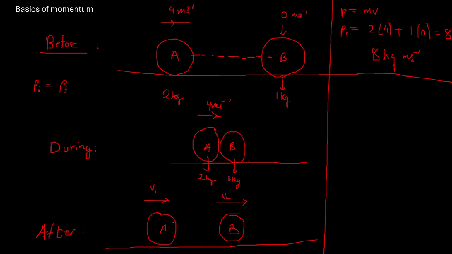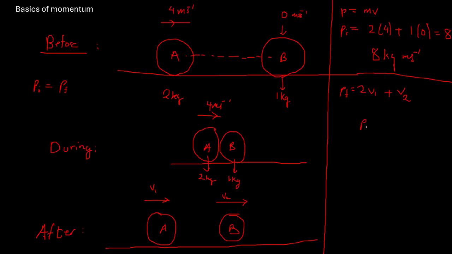Yeah, and then the final momentum is Pf. So the final momentum would be, well, A's mass is 2, so 2 times v1 plus v2. So what do we get out of this?